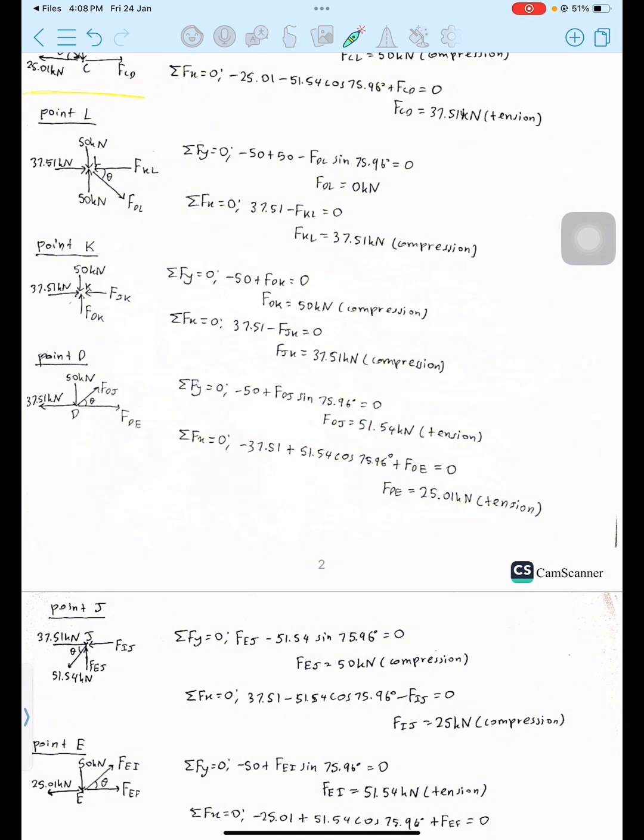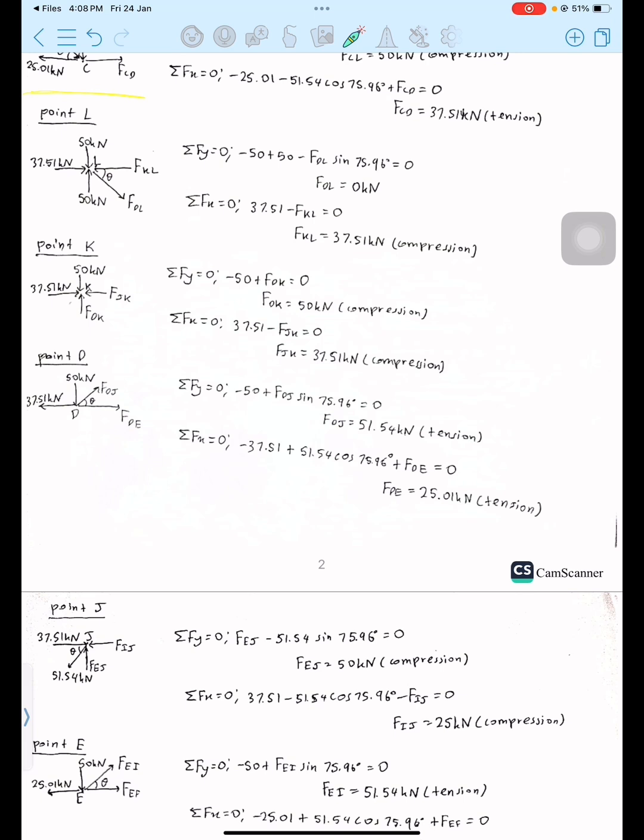As usual, summation Fy equals 0, negative 50 plus FDK equals 0. So the answer will be FDK equals 50 kilonewton, and it is compression because it's pointing towards the K point.